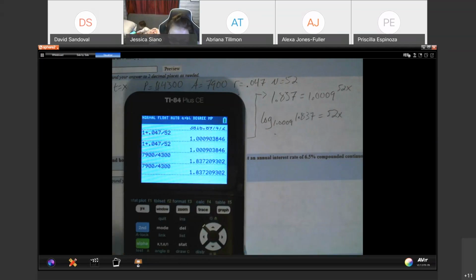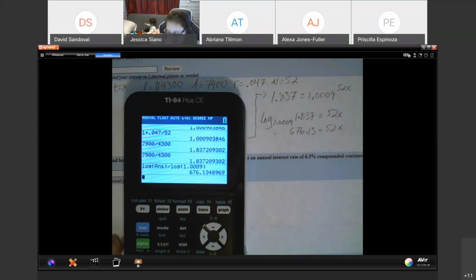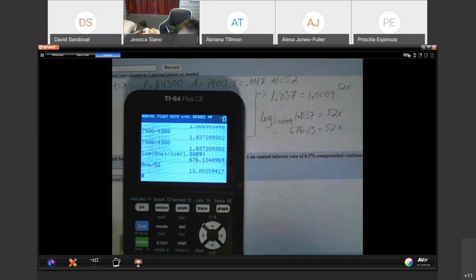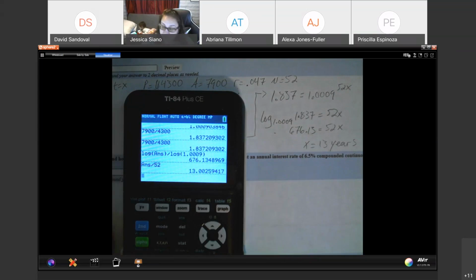The log of the last thing I got divided by the log of 1.0009, divided by 52. 13 years. 2 decimal places would still be 13 years.